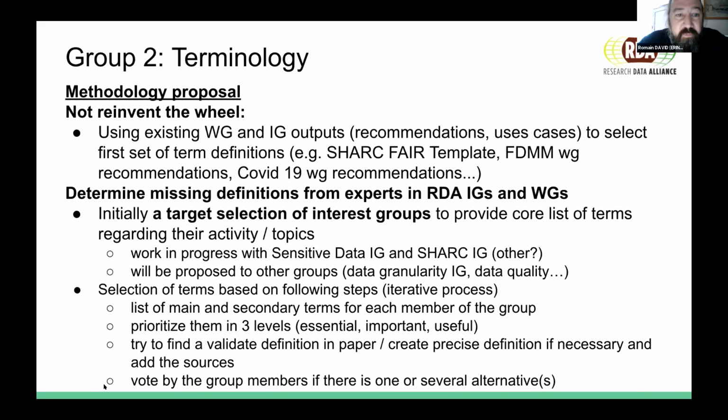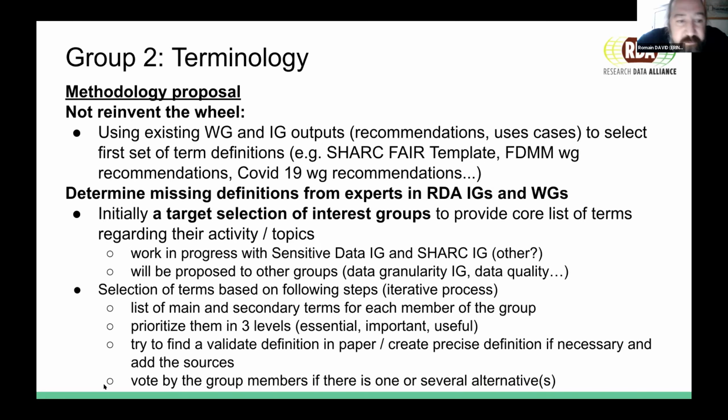So the work is in progress in 2 groups, the sensitive data interest group and the SHARC interest group, but I'm open to other proposals. I will also propose it to other groups like the data granularity interest group, data quality interest group, etc. And the selection of terms will be based on the following steps.